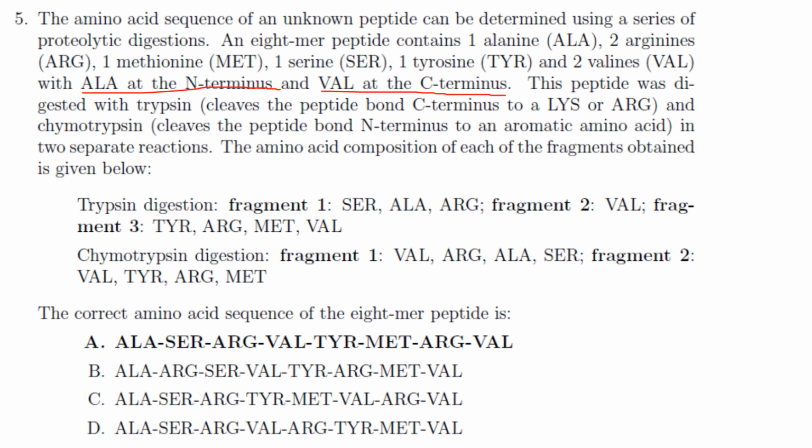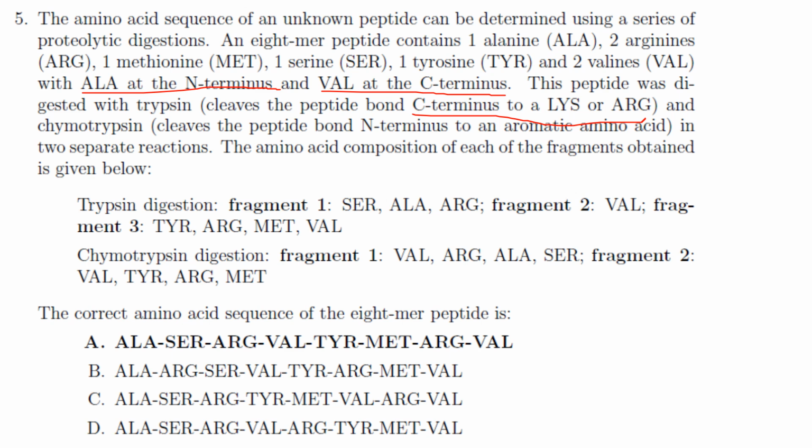This peptide was digested with trypsin. Trypsin cleaves the peptide bond C terminus to a lysine or arginine. And chymotrypsin cleaves the peptide bond N terminus of an aromatic amino acid, in two separate reactions.